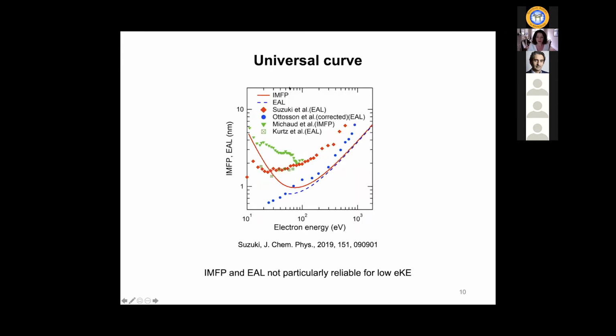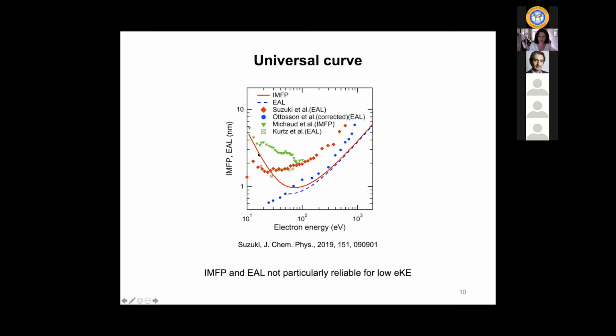And there's this famous universal curve that shows how the inelastic mean-free path increases monotonically with photon energy. And so hard X-rays in particular are definitely probing in the bulk. It goes through a minimum around 50 to 100 eV electrons, and then rises again.